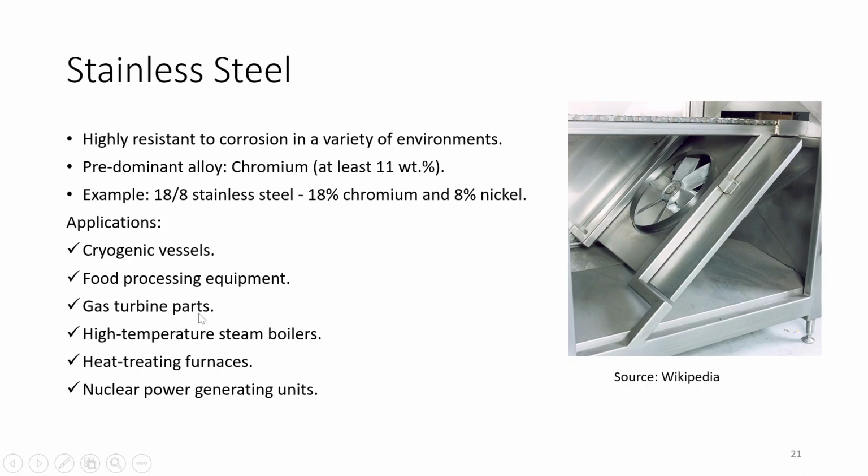Another is gas turbine parts and high temperature steam boilers, which are in contact with water at high temperatures, so they should not corrode with time. Heat treating furnaces and nuclear power generating units are also some of the applications of stainless steels.